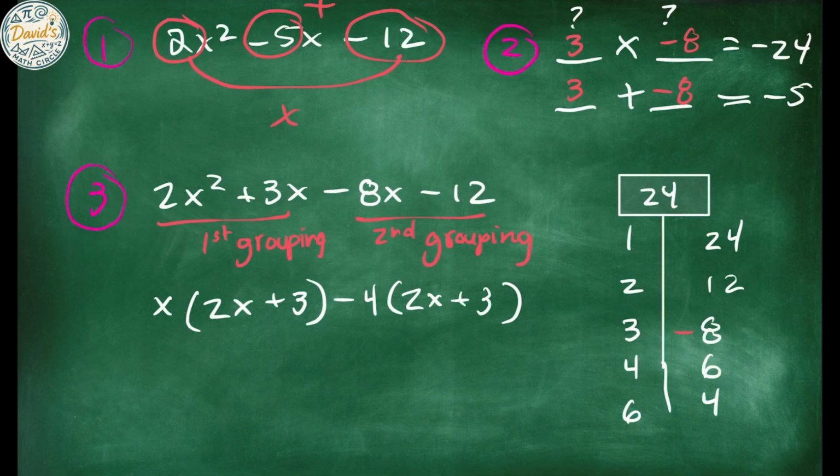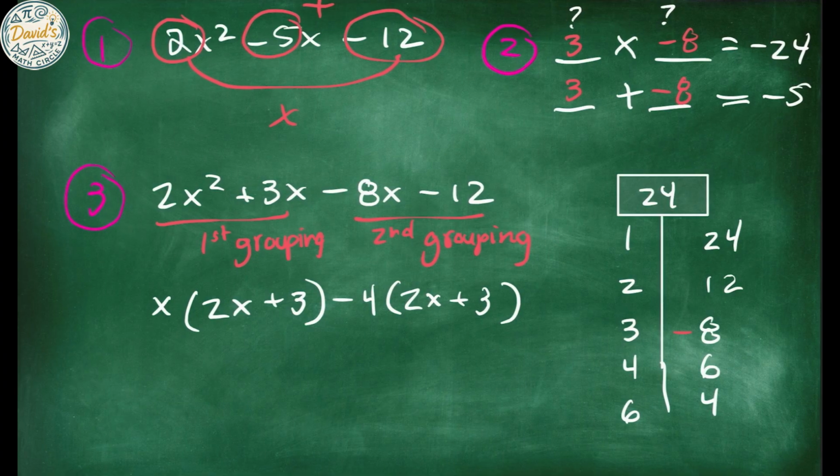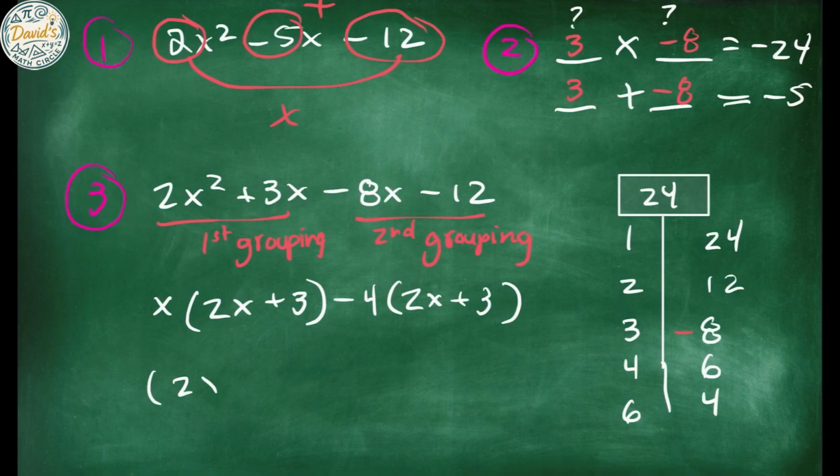Ooh, now we can see that we have obtained the same thing in the brackets. So we can factor that out and put it forward. We factor out 2x plus 3, and the last term of the factoring will be the combination of the x and the minus 4. So we have x and minus 4.